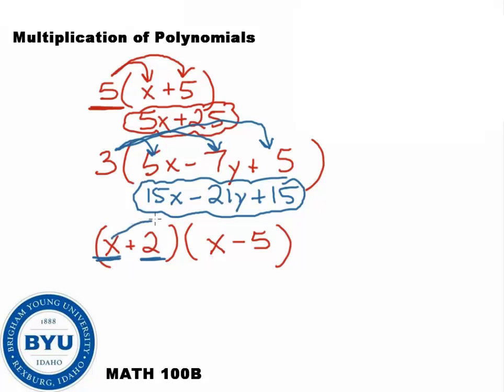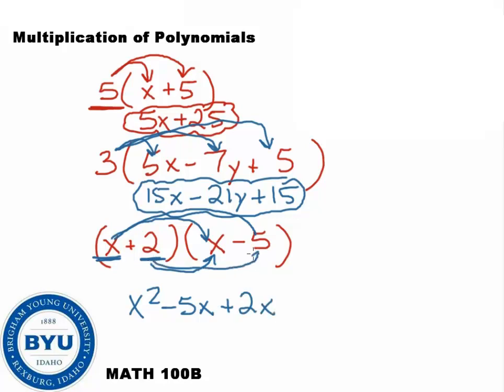So I'm going to take the x times the x, which is x squared, and x times the negative 5, which is minus 5x, and 2 times x, which is 2x, and then 2 times the negative 5, which is negative 10. Again, we're just taking this value and making sure it gets distributed to everything here, and then taking this value and making sure it gets distributed to everything in the other parenthesis.